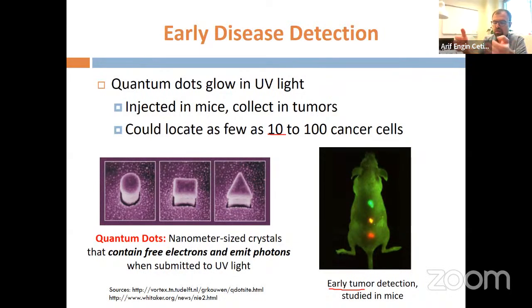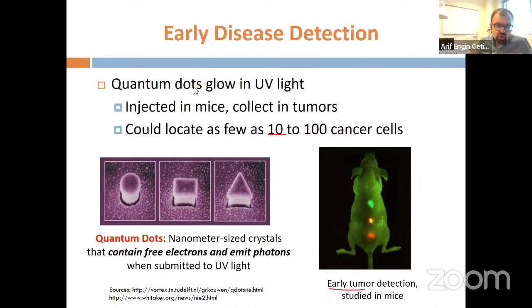I'm using chips, nanometer-size structures, to detect pathogens like bacteria or viruses, or small proteins that are related to a particular disease. So here is one example of nanotechnology for disease detection.